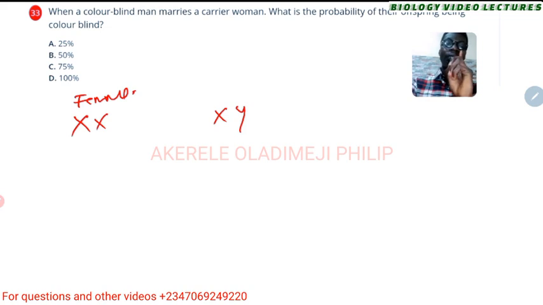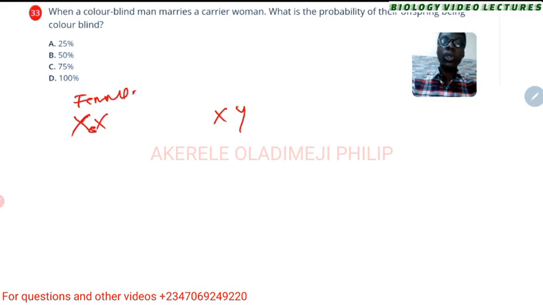Now, a female falls in three categories when you're talking about an X-linked gene. Let me put a C here. This C means that this person has the trait of color blindness.